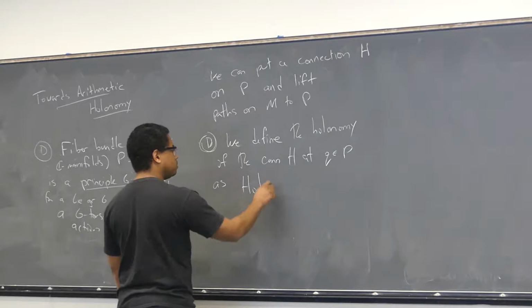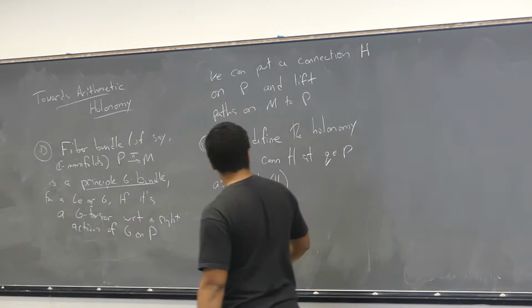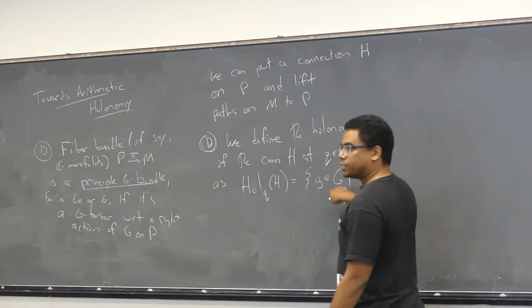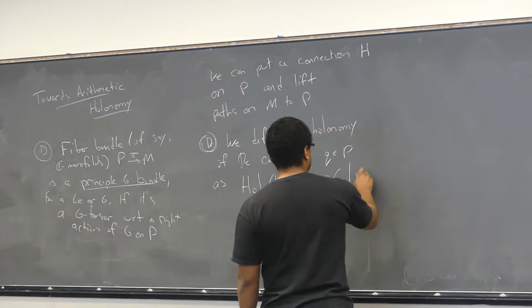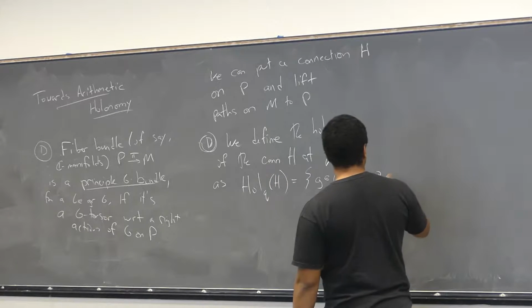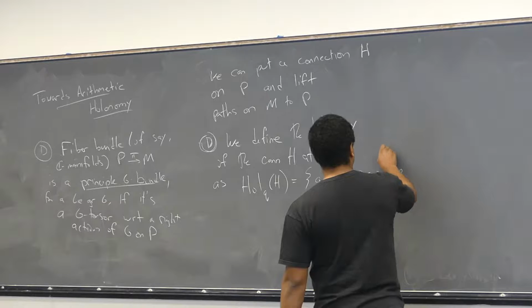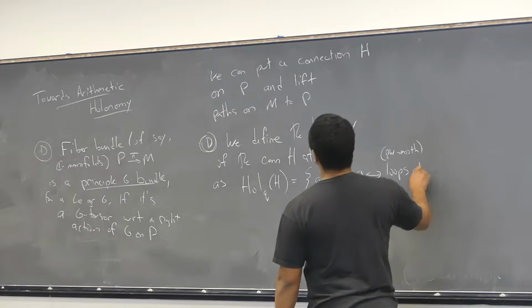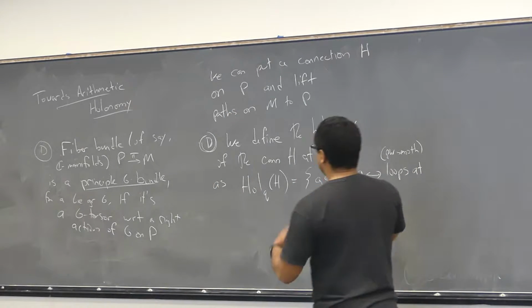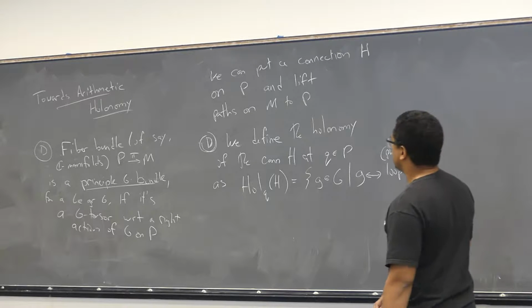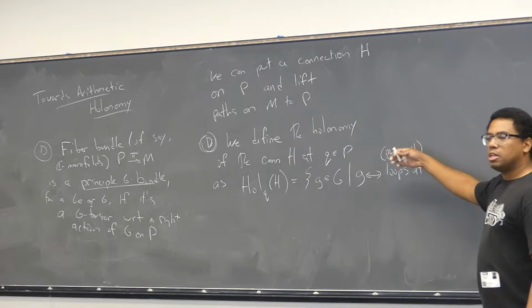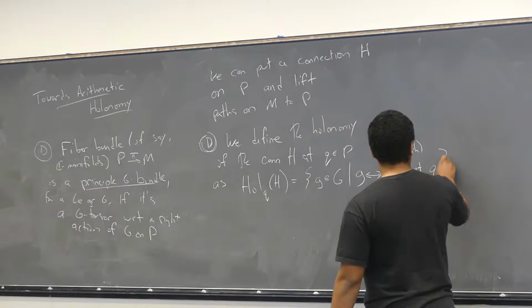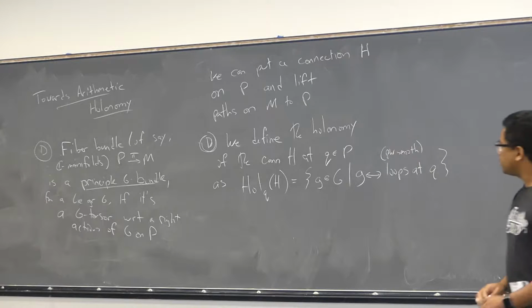We'll write it as Hol_Q of H. And rather loosely, we'll say that this is all of the elements g in the gauge group G, such that g corresponds to, we say piecewise smooth paths. Should be precise there and here. I'll say loops, but I really mean piecewise smooth loops that we've lifted up to P at the point Q. Okay?